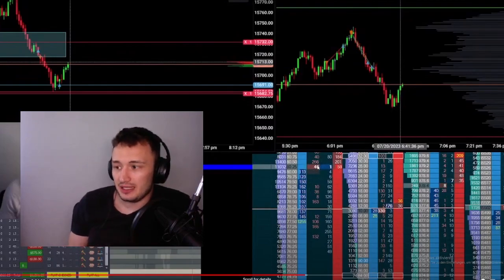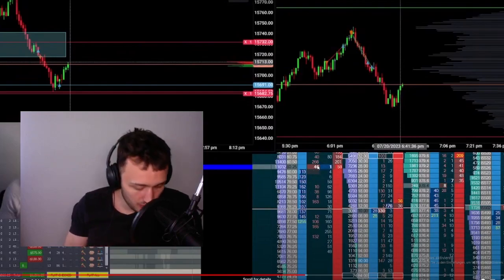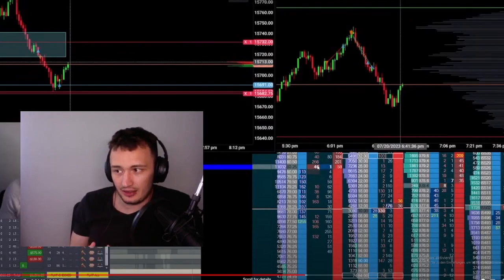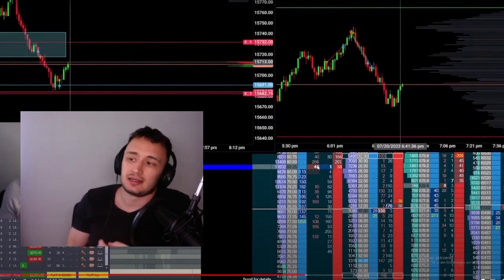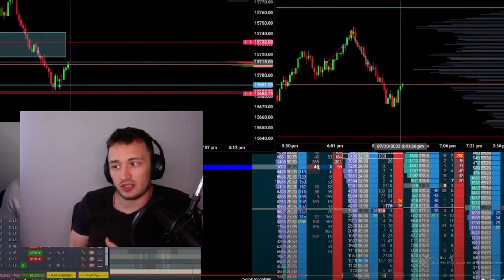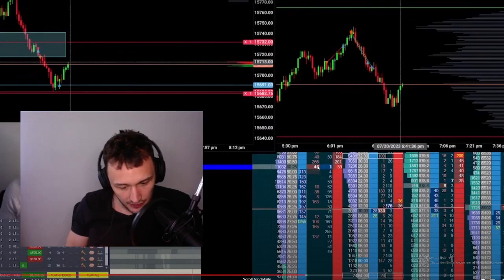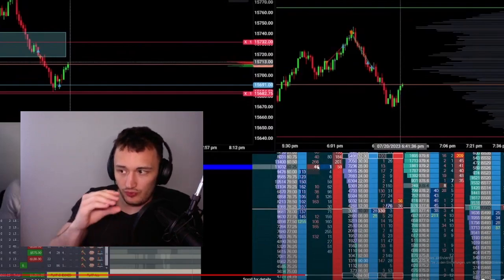At least in my point of view, it means that a lot of people are willing to transact there. Lots of people are willing to buy and lots of people are willing to sell there. This means it's still somewhat of a fair price. So if we come up to a level and then trade there for a longer period of time, chances are higher, in my opinion, that the move is not over yet.